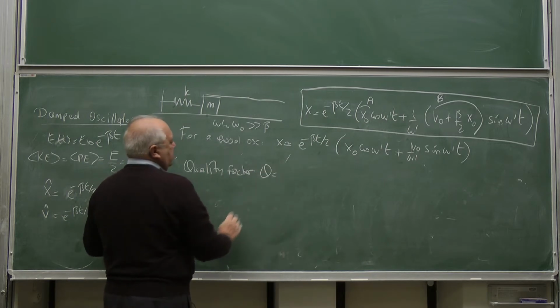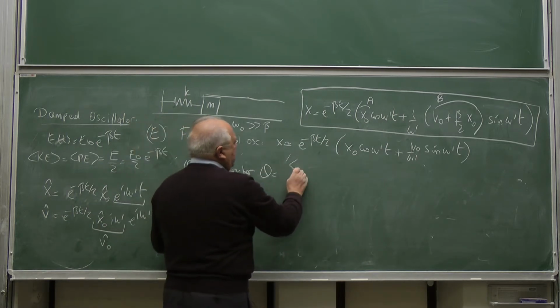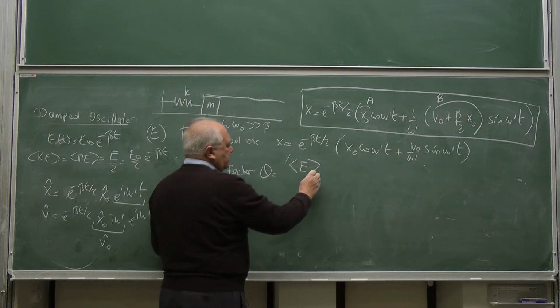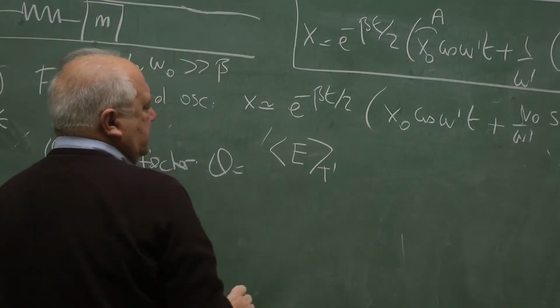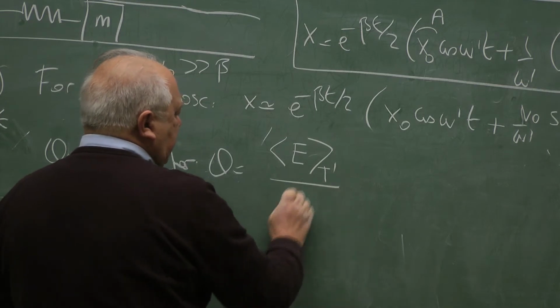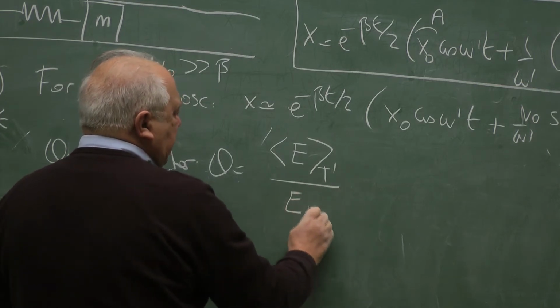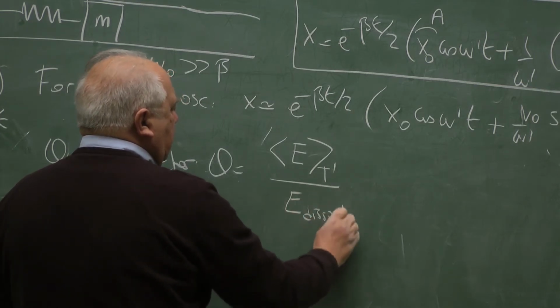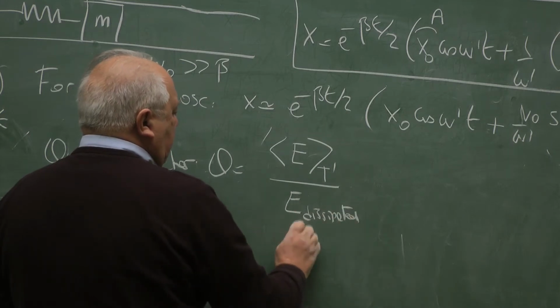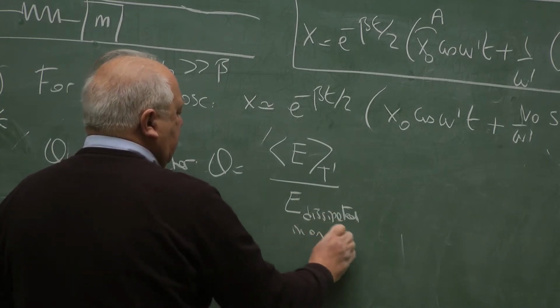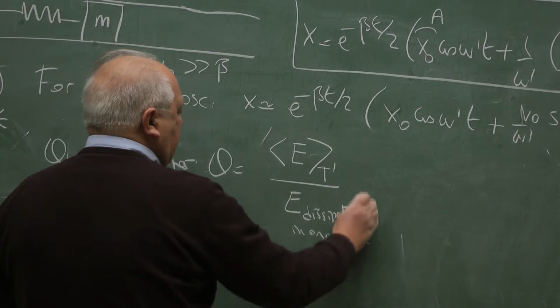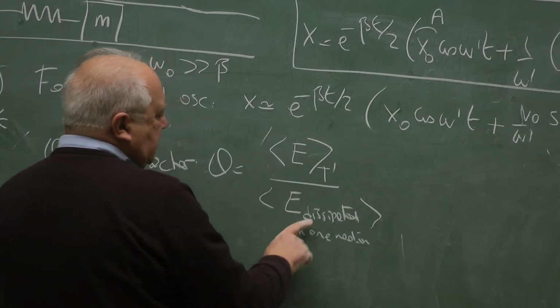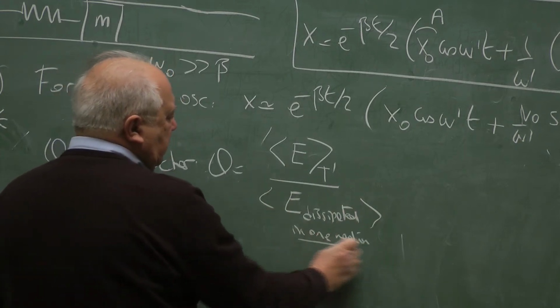Q equals the energy stored in one period, in one cycle, divided by energy dissipated in 1 radian. Namely, this is the energy dissipated in 1 radian.